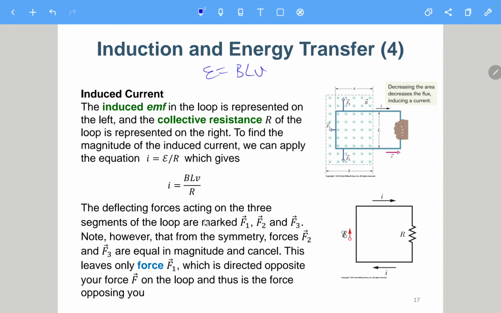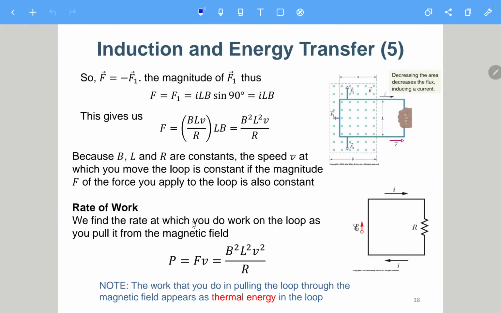So the deflecting force acts on three segments of the loop. As I mentioned, F2 and F3 cancel, and the only force is F1. Here we can also have F equals F1, because we assume that v is a constant velocity, which means that F and F1 have the same magnitude but opposite direction.